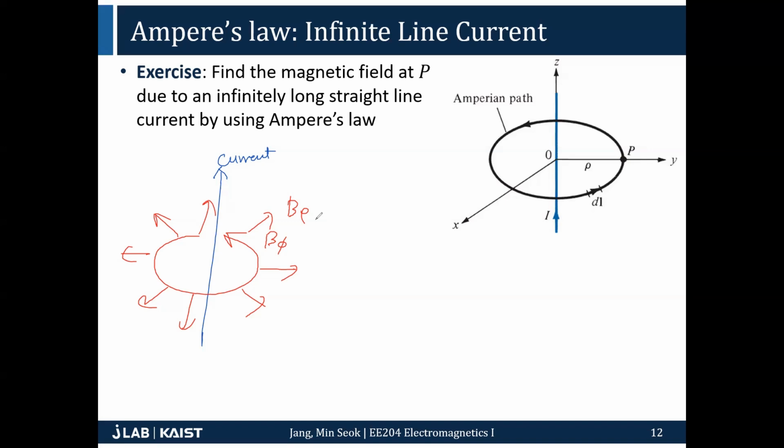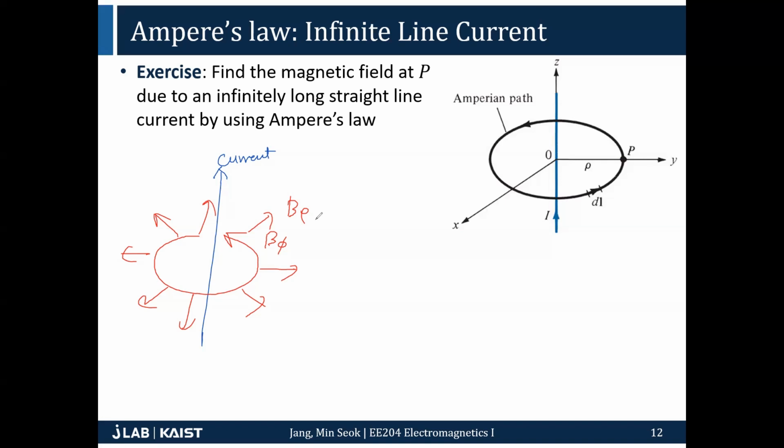Okay. Right. Park Se-hoon, if everyone reads Park Se-hoon's chat, this is actually correct. If the system is flipped on the XY plane, then the current direction is flipped, right? Because the current direction is flipped, the B direction also needs to be flipped, right?